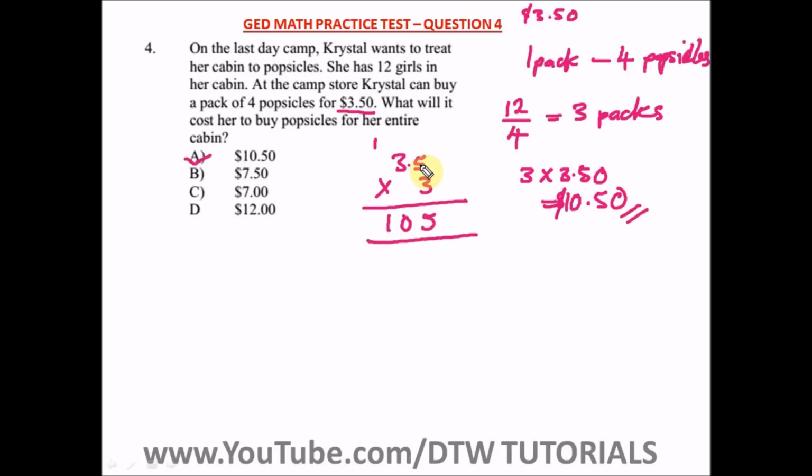Here we have just one decimal place, so all you need to do is shift your decimal place once. We're left with 10.50. That is $10.50. This is how we got $10.50.